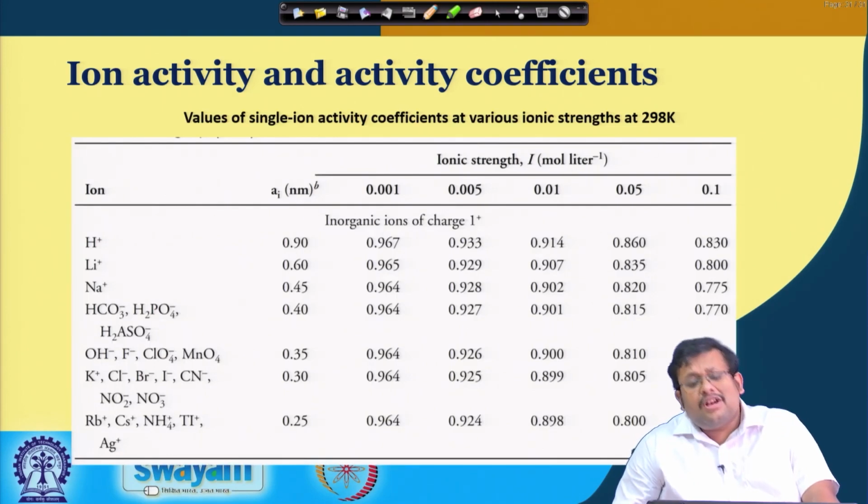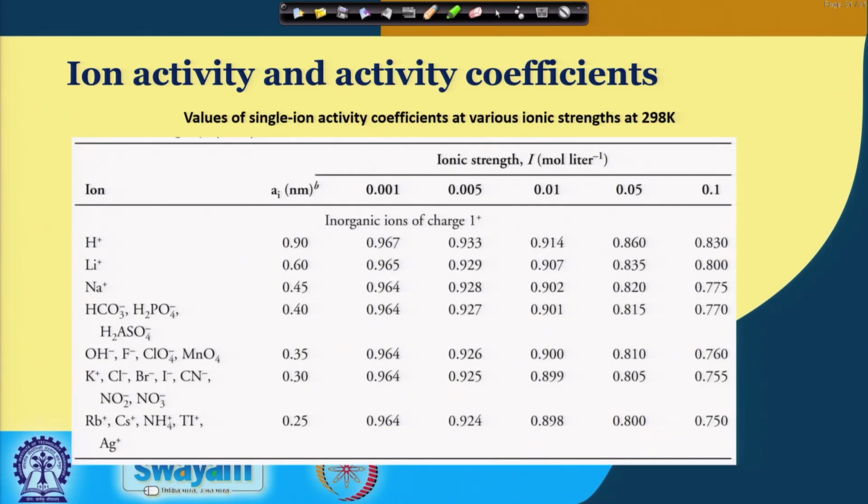So, if we consider the ionic strength for different ions, for example in the case of H plus, we have values of single ion activity coefficients at various ionic strengths at 298 Kelvin.